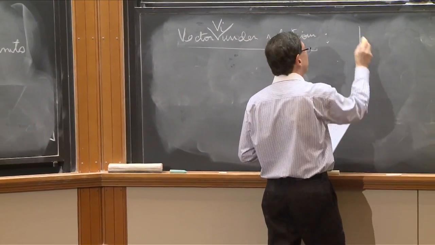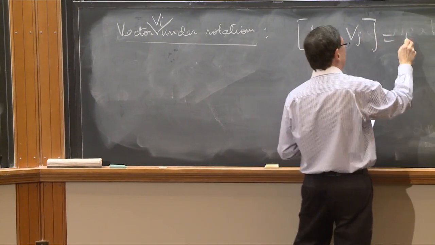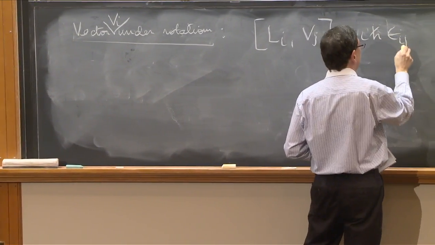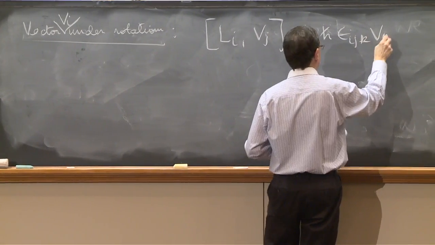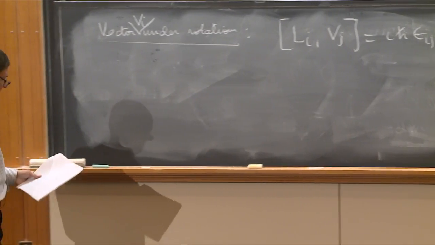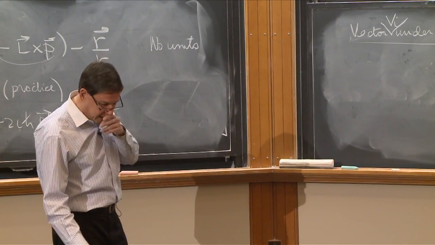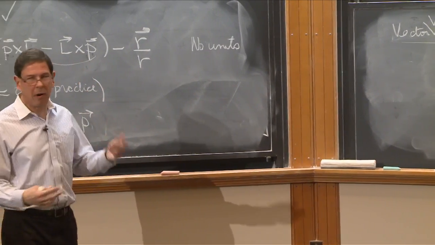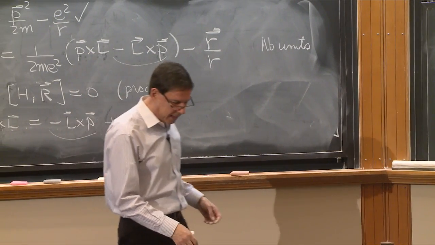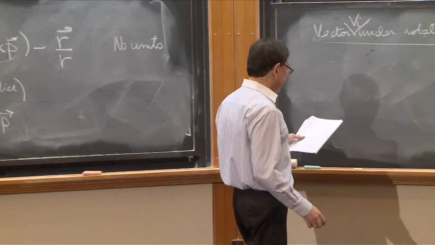It was something that had L i V j equal to i h bar epsilon i j k V k. So there's a way to write this with cross products that is useful in some cases, so I will do it.